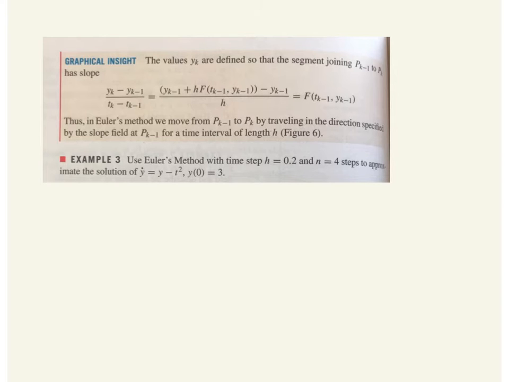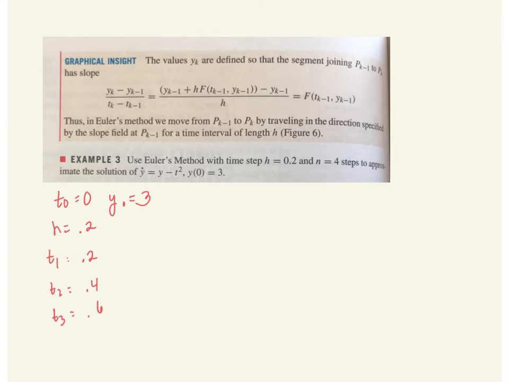So I like to organize my information. I like to remind myself that the initial value is 0, 3. My h value is 2/10, which means the t1, t2, and t3 that I'll need to do the first 4 are going to be 2/10, 4/10, and then 6/10. They work themselves up from 0.